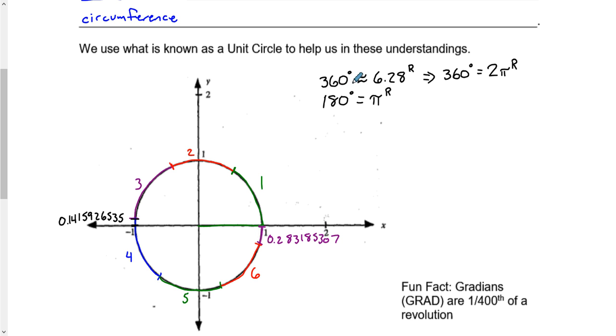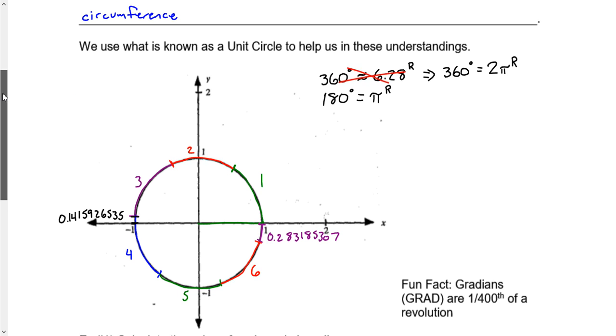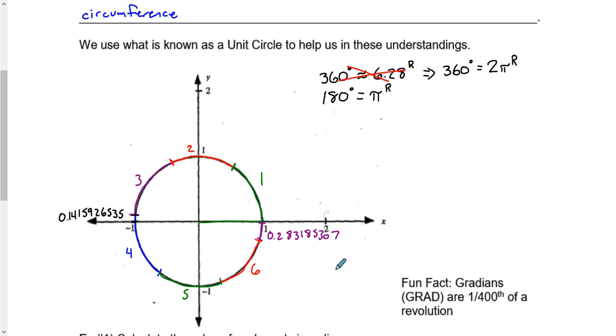So we're not even going to use this approximate. We're going to use the exacts. It doesn't matter which one you do, because they're both saying the exact same thing. Just as a fun fact, when we were working with degrees in previous years, grade 10 and grade 11, we had to keep in degrees.